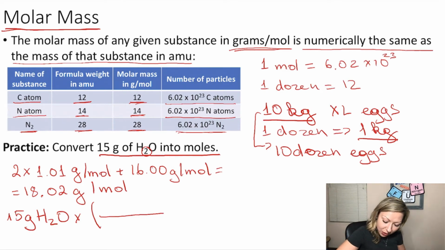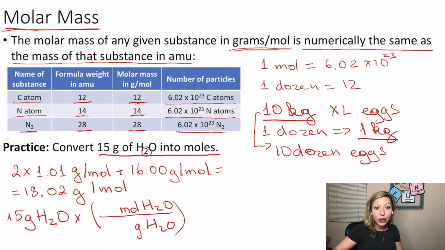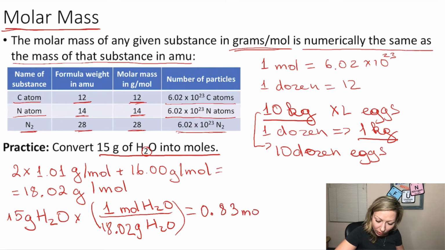So the grams will go on the bottom and the moles will go on top. I know that 1 mole of H2O is 18.02 grams. If you do this calculation, you are going to realize that 15 grams of water is actually 0.83 moles of H2O. Okay, I hope this makes sense.